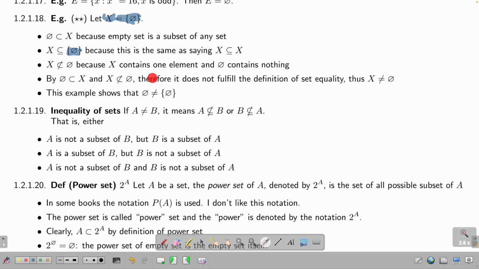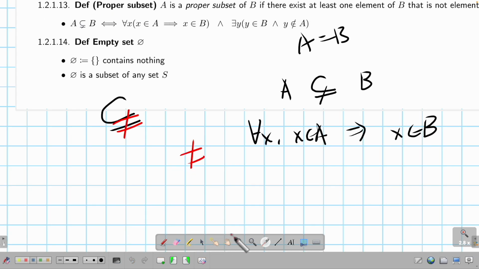And then this is funny. This guy contains nothing. What is this guy? X has one stuff inside, which is nothing. So this is true, because x contains one element and nothing contains empty, nothing. So you cannot say this. Let me recall what subset means.